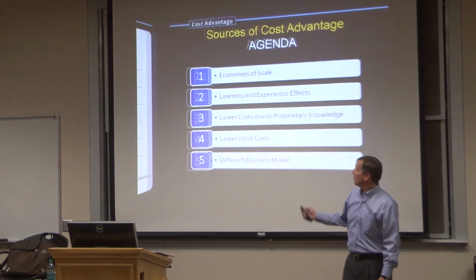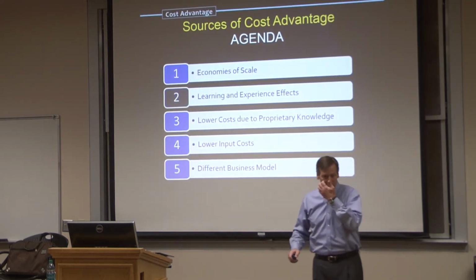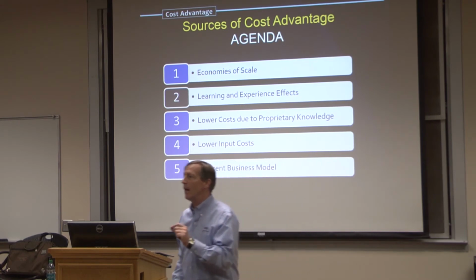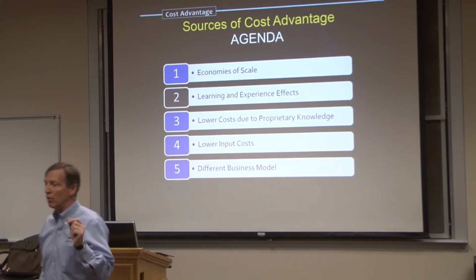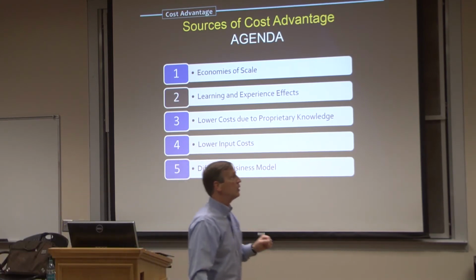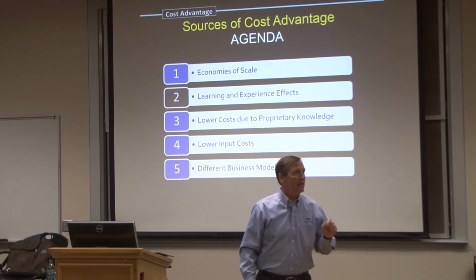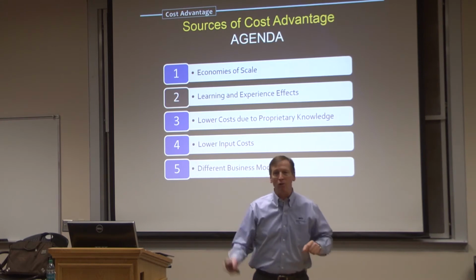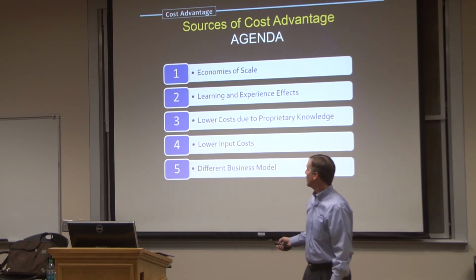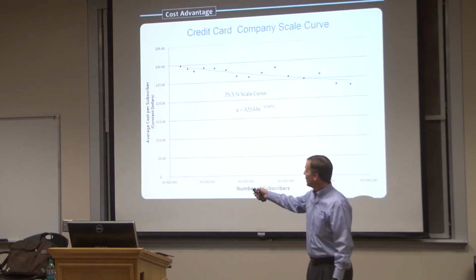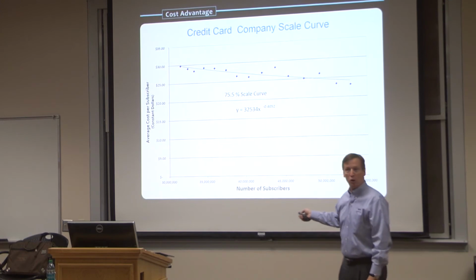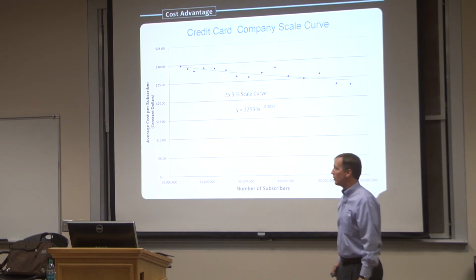So let me go back here now to learning and experience curve effects. Technically, a learning curve is different from a scale curve. The learning curve was originally developed in the aircraft industry, where they looked at labor costs. So if you were thinking about the graphic back here, this would be labor costs per unit, and it would look at cumulative production of units.